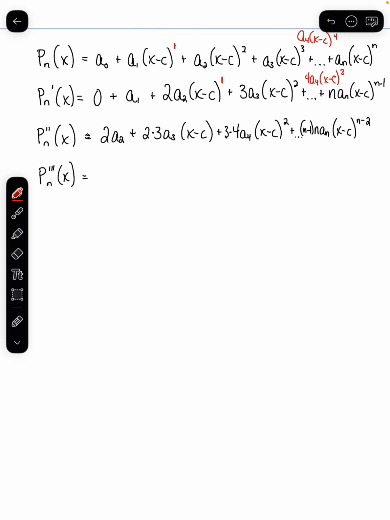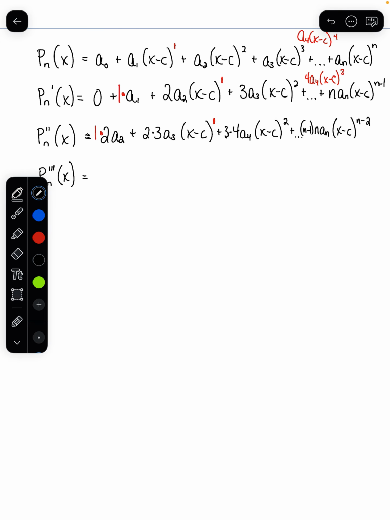When we have a linear term, its power is 1. So when we differentiate, the power of 1 comes down in front, and then the power drops to 0. When we differentiate here, the power dropped to 1. The 1 came down in front, and then the power dropped to 0.